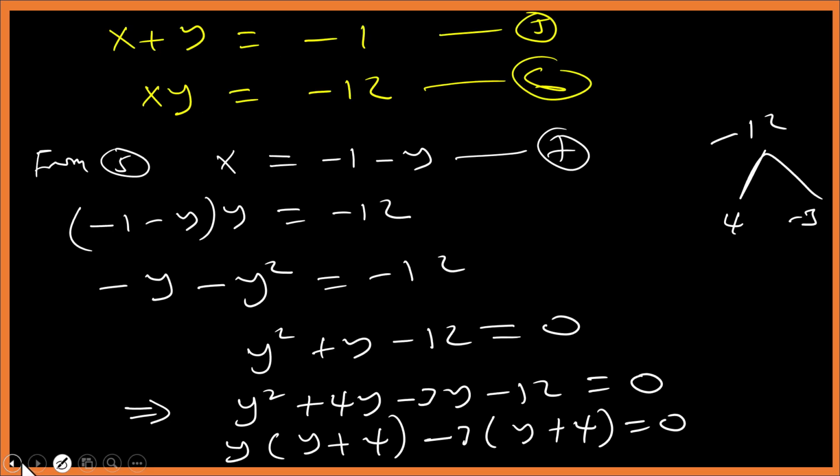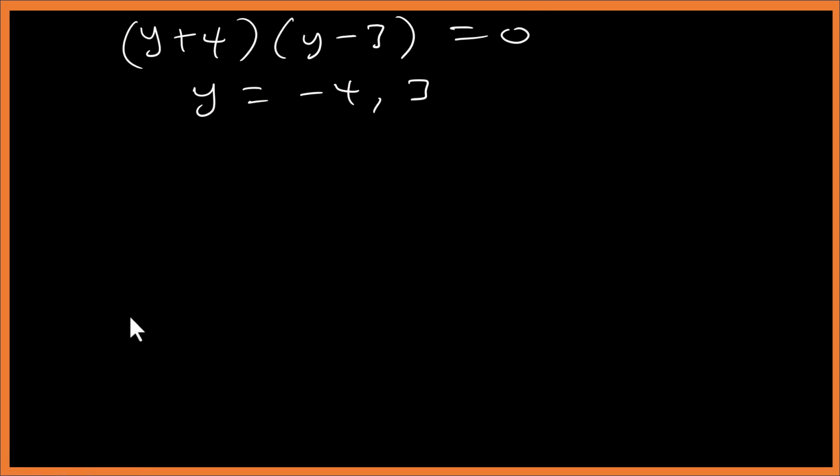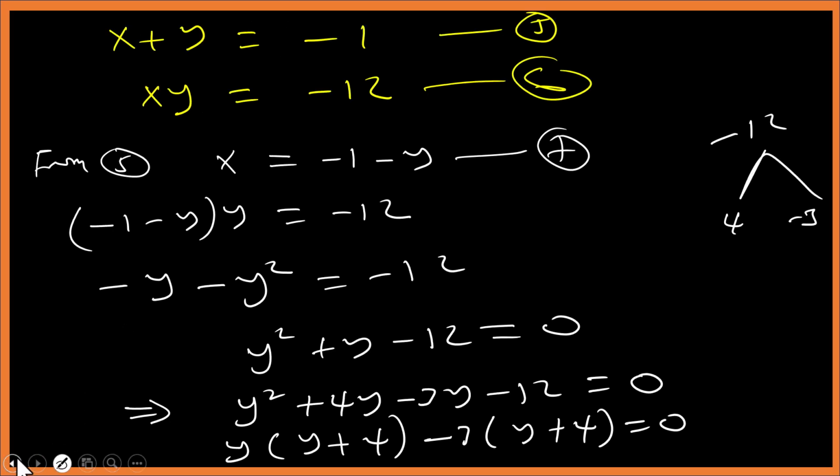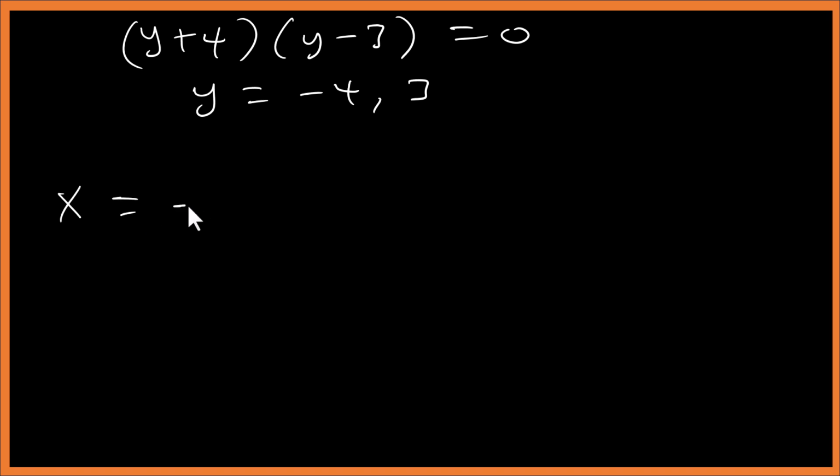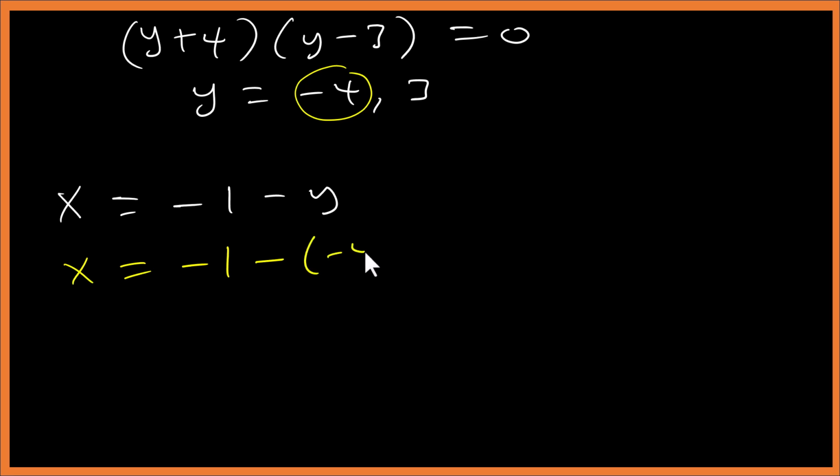Don't forget we have to solve for x and y. So if y is -4, let's use equation 7: x equals -1 minus y. So if y is minus 4, the first answer, x will be minus 1 minus minus 4. x will be minus 1 plus 4. That is 3.